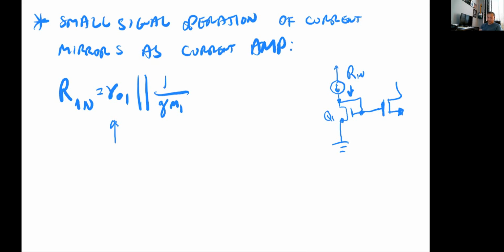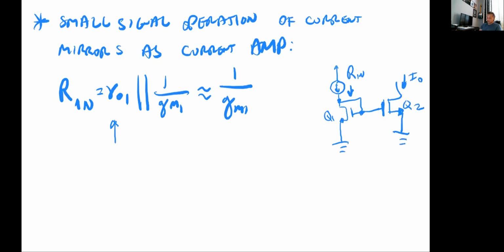Therefore, if the output resistance of Q1 is large, then the input resistance of the current amplifier is just 1 over gm1. Likewise, here we have Q2, and the output current is here.